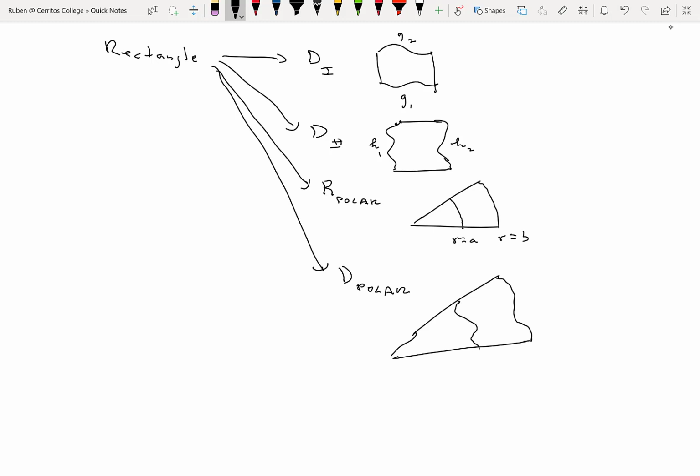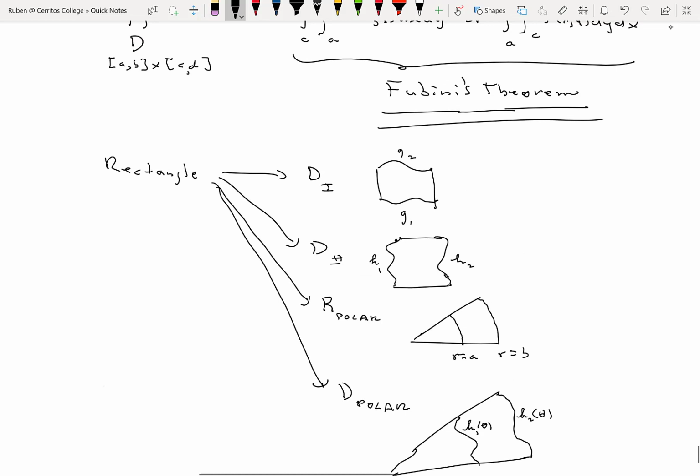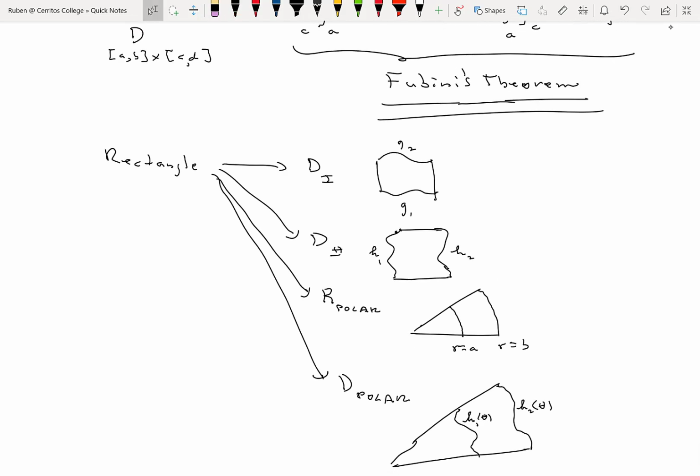The inner curve is h1 of theta, outer curve h2 of theta, between two constant values for theta, alpha and beta. Okay, and this brings us to our current section. So onto triple integrals.